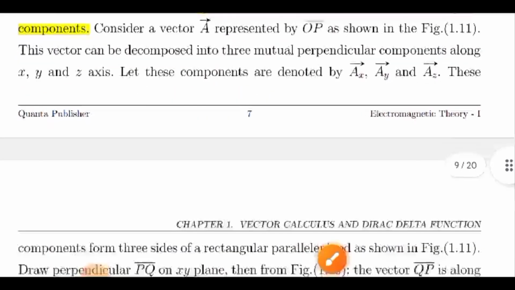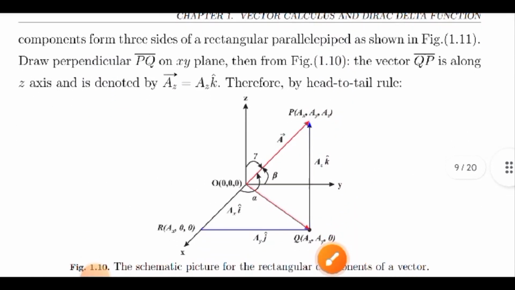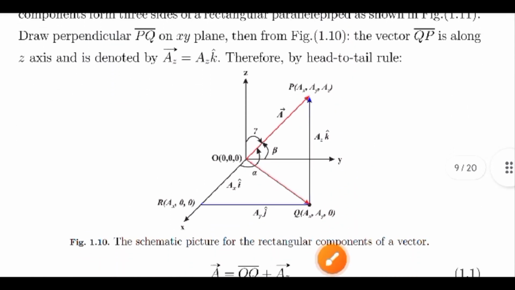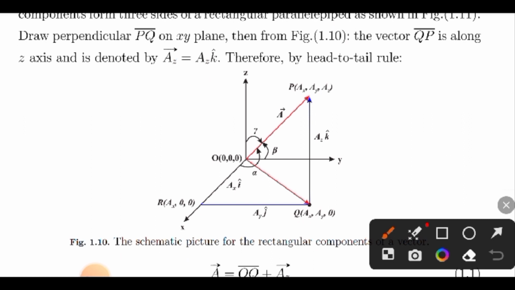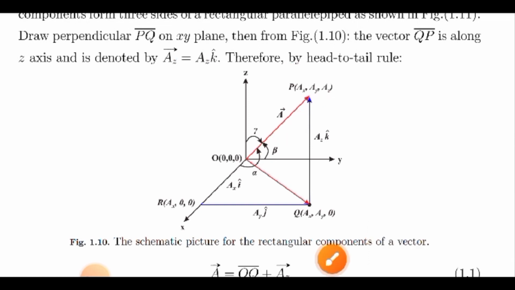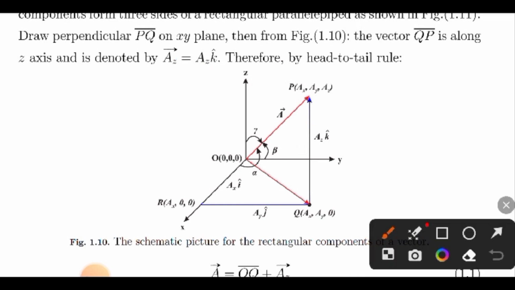Here in this diagram you will see a vector A from the origin to the point P having components Ax, Ay, and Az.